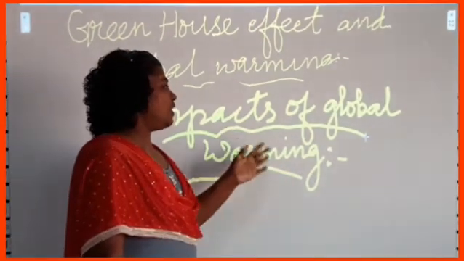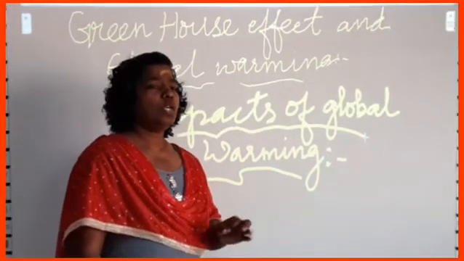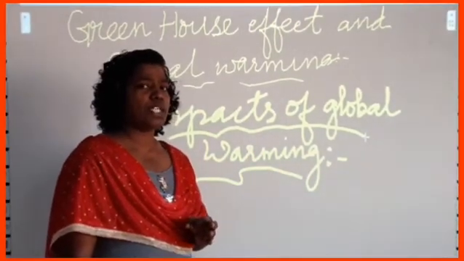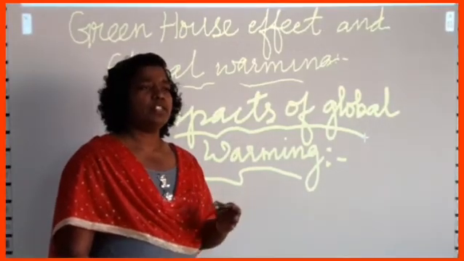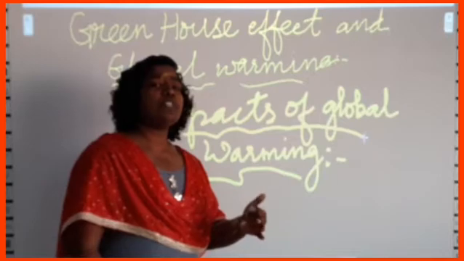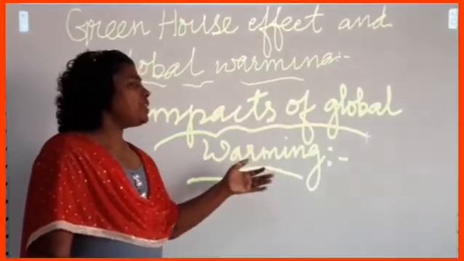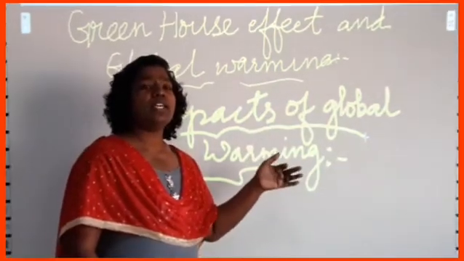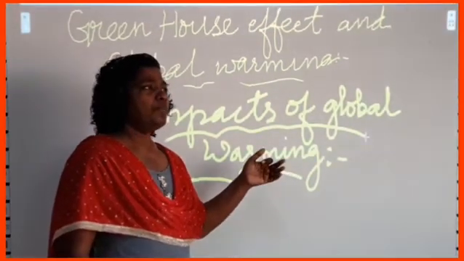So these are the different impacts of global warming. Now, what impacts have we seen? The main impact of global warming is climate change. This climate change also affects the weather pattern and affects the earth in different ways, as we have seen.